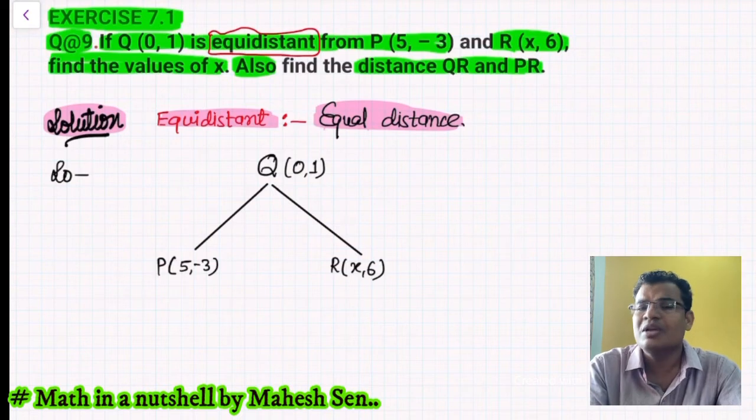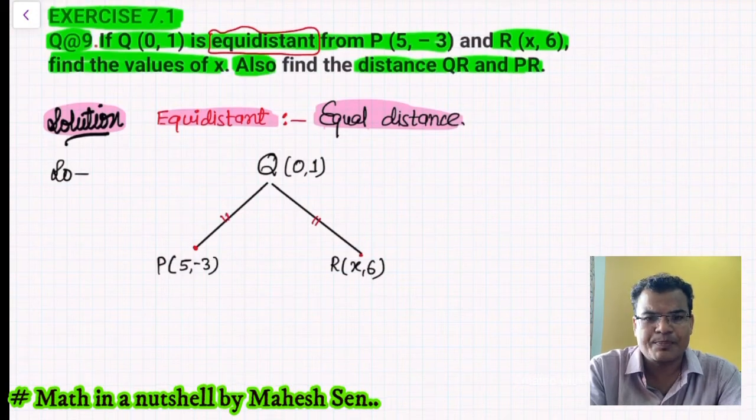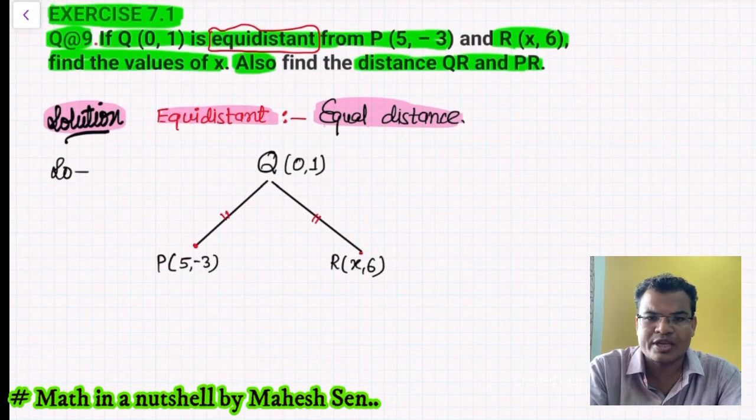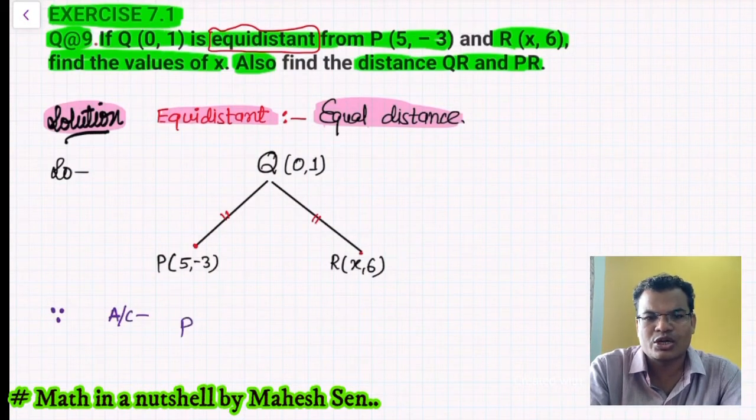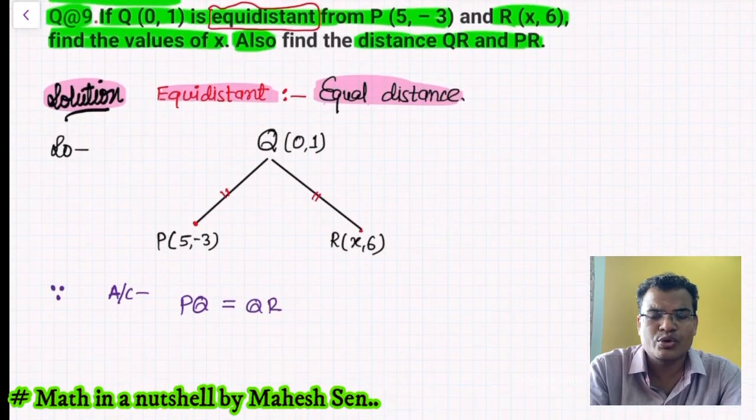They can ask you the coordinate of R, or the value of X. PQ and QR are equal, so I can put the equal sign here, right? Since PQ is equal to QR, this is according to the condition.